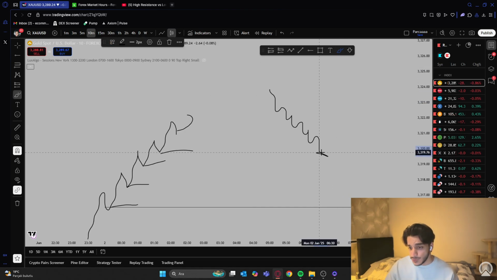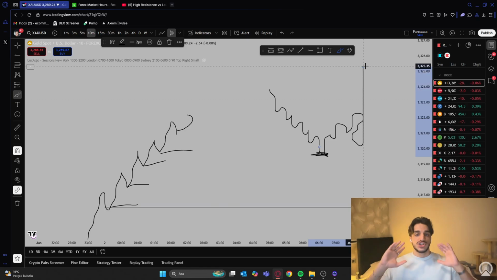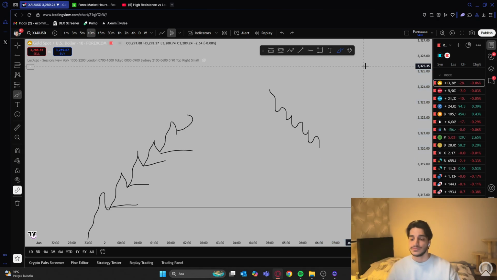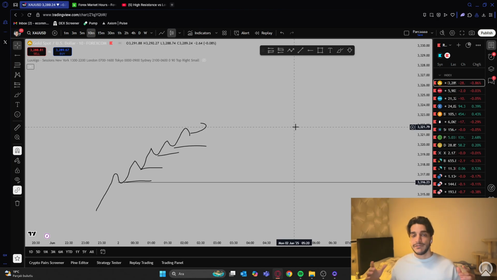As soon as liquidity is swept at the lowest area, instead of taking one by one, the price can take all of these lows in just one singular move, because that's how the market maker thinks. What do I always say? If you don't try to think like the market maker, you are not going to be able to make money, because obviously we are not smarter than them.